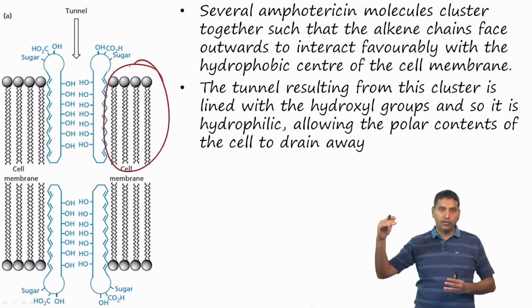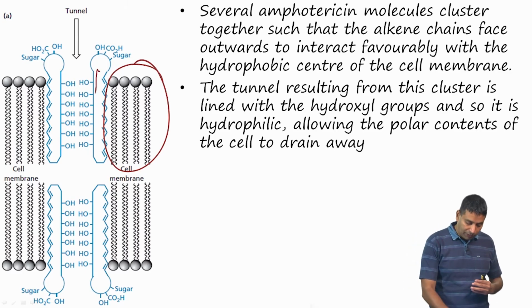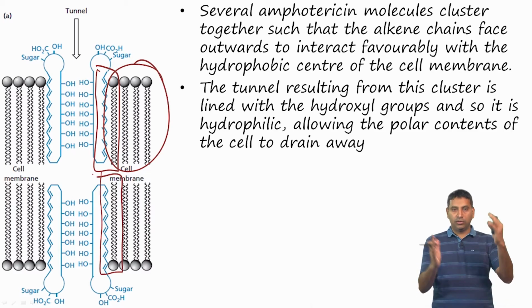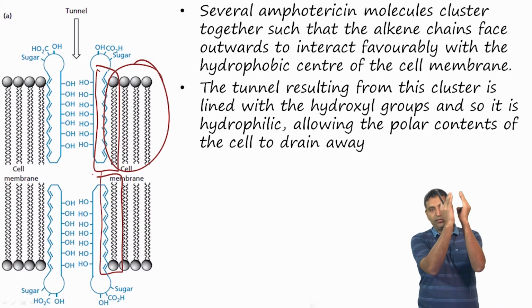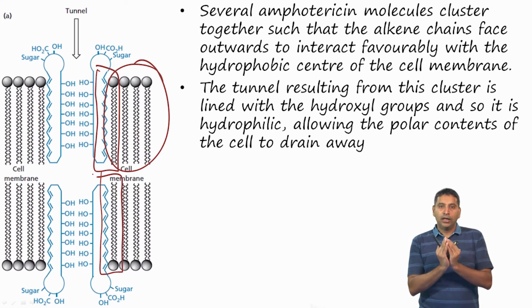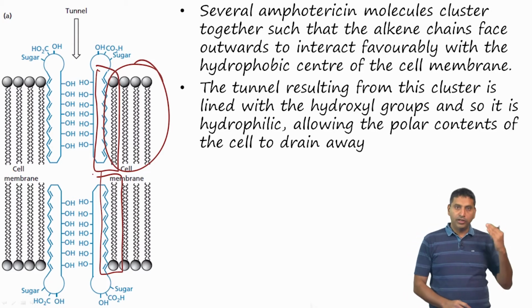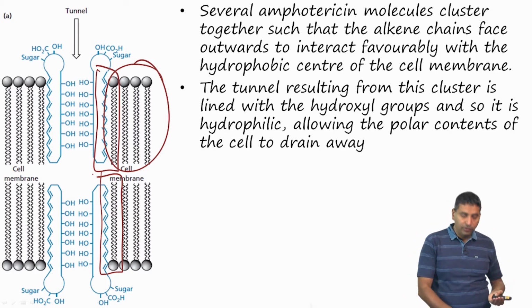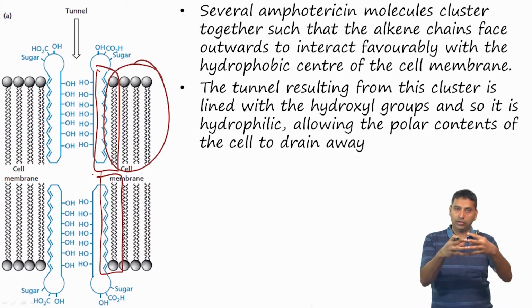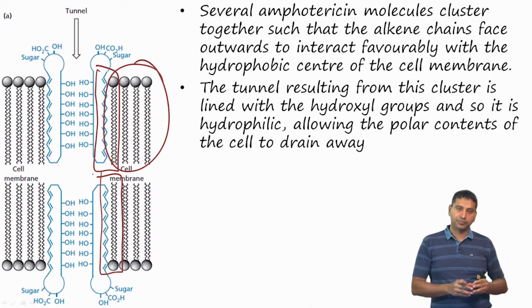So, once the hydrophobic part of amphotericin B interacts with the membrane, you can think about the hydrophobic regions coming close to each other and forming favorable interactions. And this exposes the hydrophilic regions to the other side. So, you can imagine a number of such molecules which are going to self assemble in this manner.